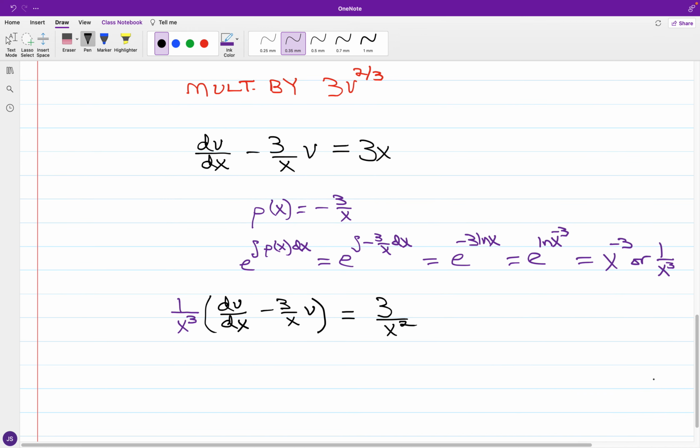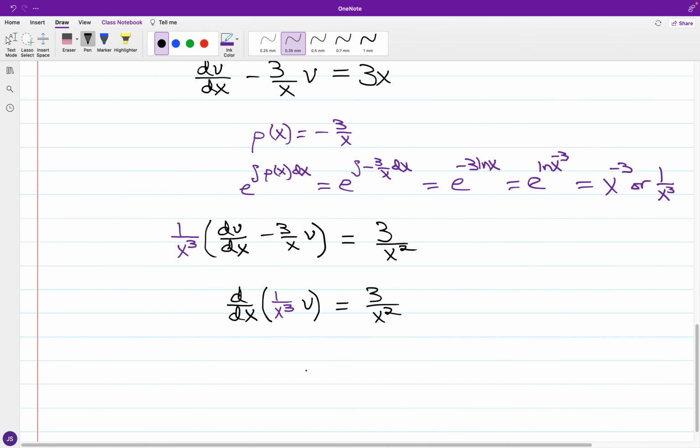And on the left-hand side, we would have the product rule expansion of taking the derivative in x of the integrating factor, the reciprocal of x cubed, times the dependent variable v, and that is equal to 3 over x squared.